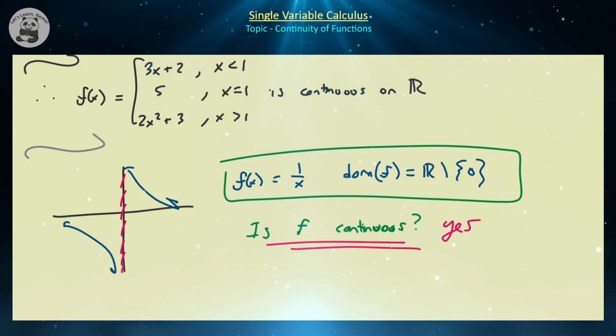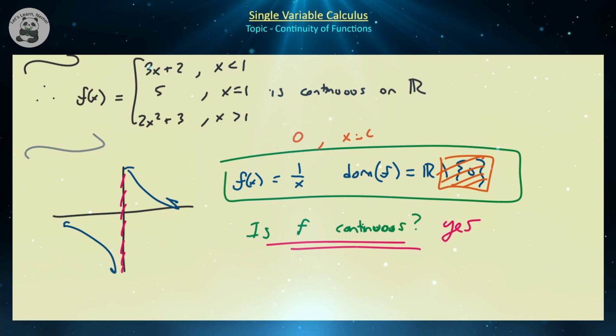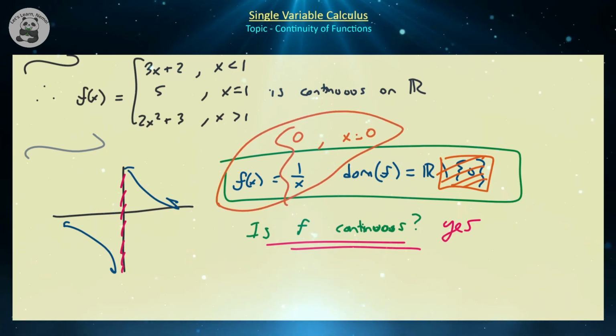But if we drop this assumption, and 0 now is in the domain, for example, let's assume that it's equal to 0 for x is equal to 0. Let's assume that we sort of append that and call that our function. In this case, now we have that point there.